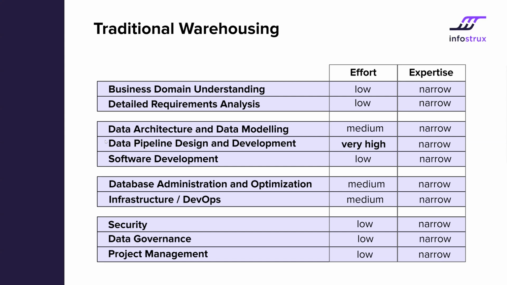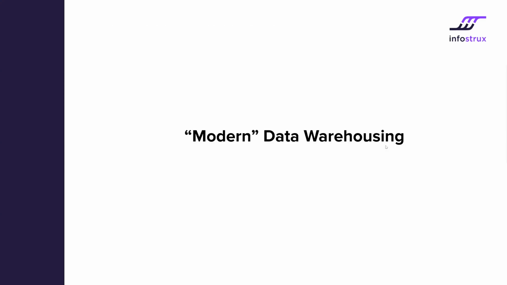Even in the area where the effort is very high, which is the data pipeline design and development, we need to understand a couple of technologies. Everybody knows them. Everybody can work together, so at least from that point of view, it's fairly simple and fairly easy. So that's traditional data warehousing, and again, the major trouble there is that the data pipeline design and development effort is very high because we have to touch every single piece of data.